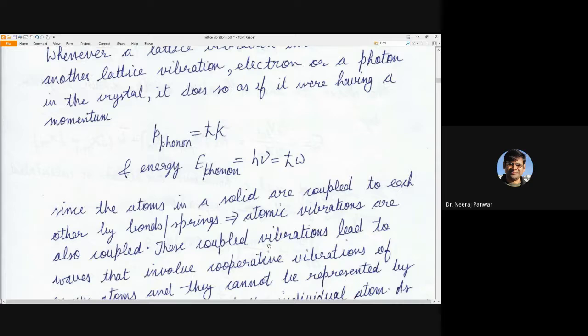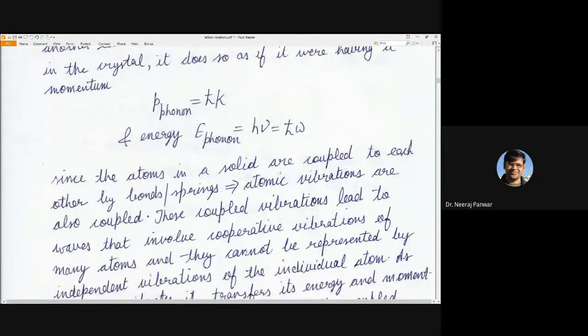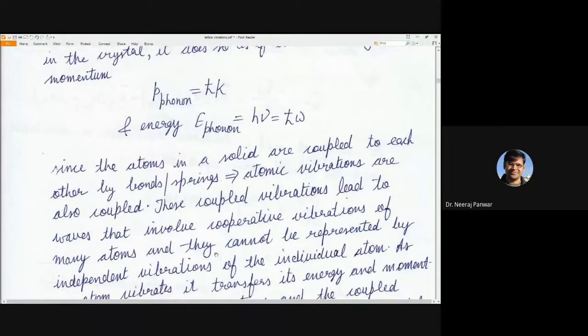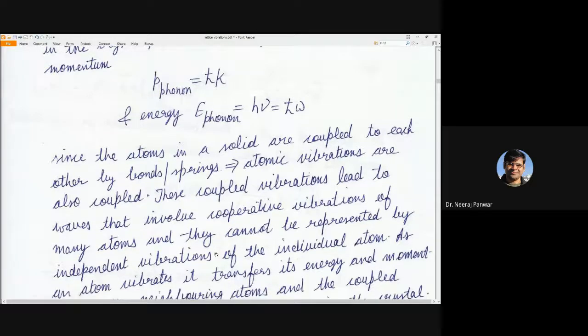These coupled vibrations lead to waves that involve cooperative vibrations of many atoms, and they cannot be represented by independent vibration of individual atoms.